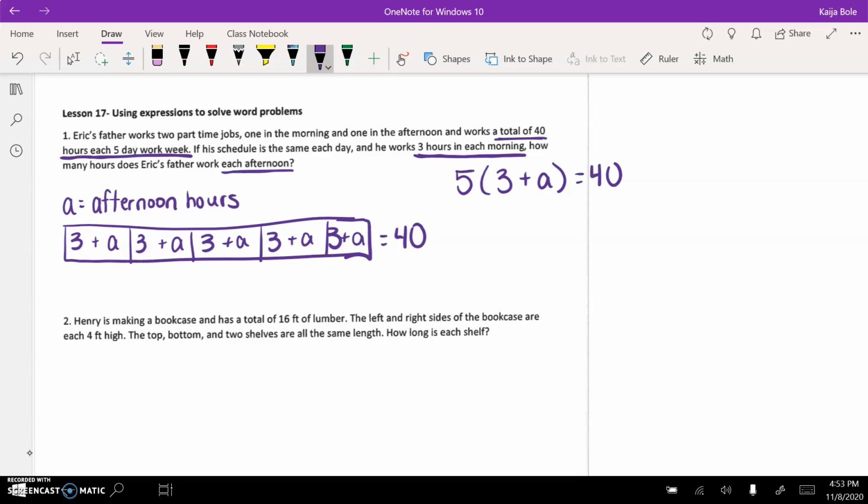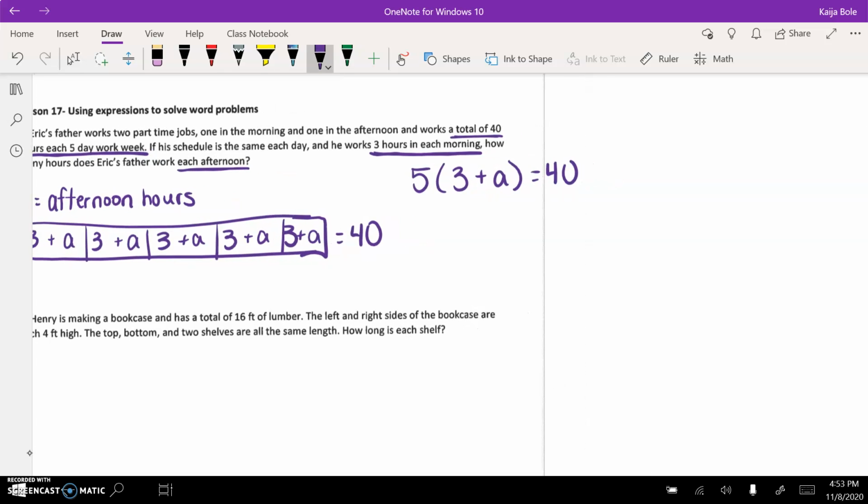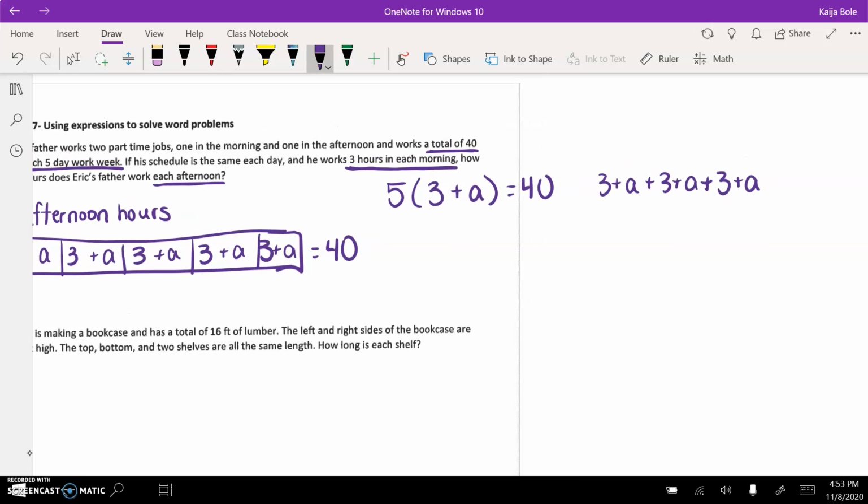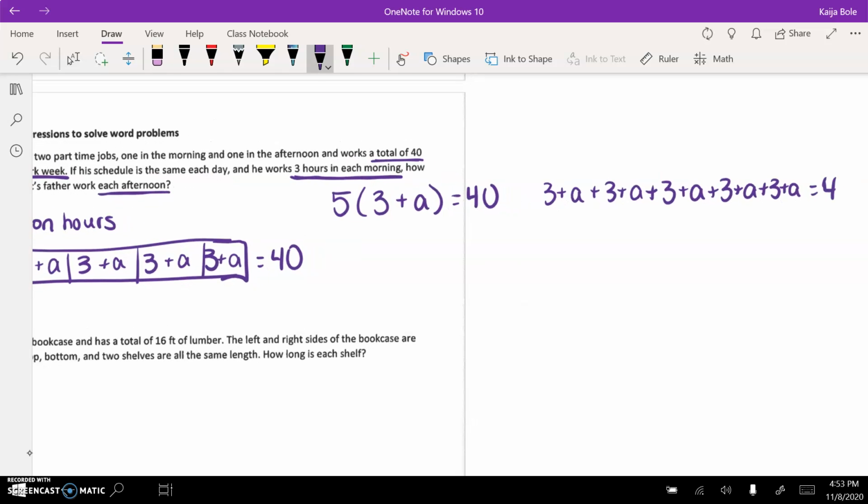Now, you could have also written out all of them: 3 plus A plus 3 plus A, and have 5 of these, 1, 2, 3, 4, 5, and that equals 40 as well. You'll get the same thing as when you distribute here. So we would get 15 plus 5A equals 40.